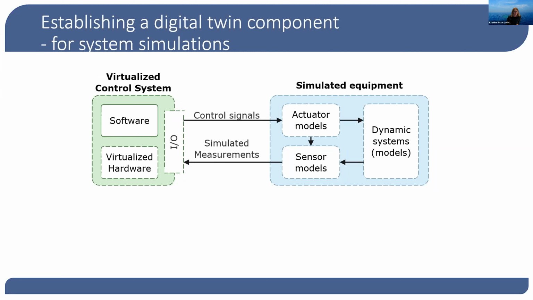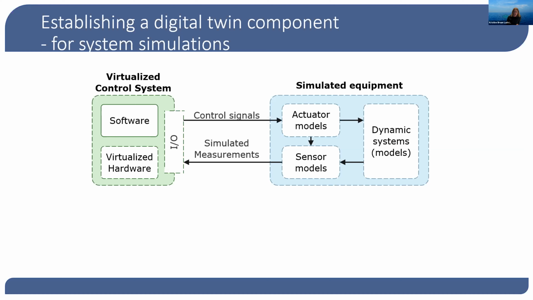So here you see that on the right side, both your dynamic system is modeled, the actuator, the sensors are modeled. And the control system software shall then not notice the difference between being connected to the real equipment and the simulated equipment.